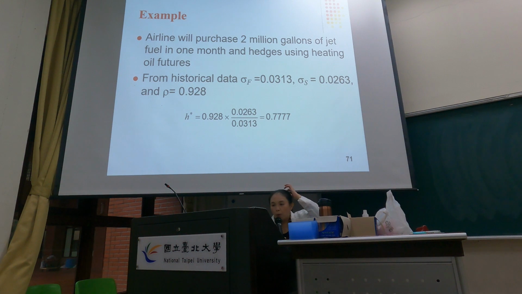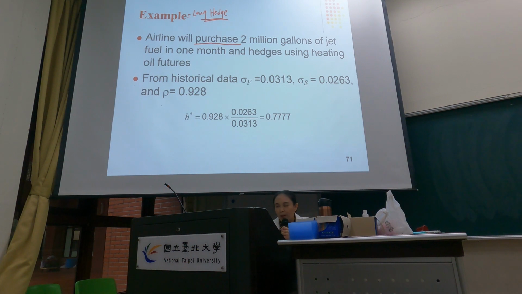So, an airline will purchase. In the end, it becomes automatic, right? If you purchase something, long hedge or short hedge? Yeah, long hedge. Remember, purchase goes with the long hedge.